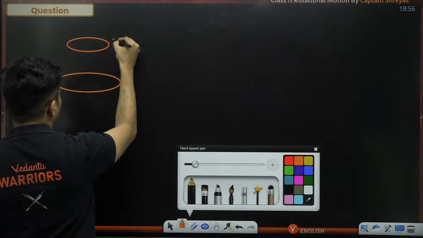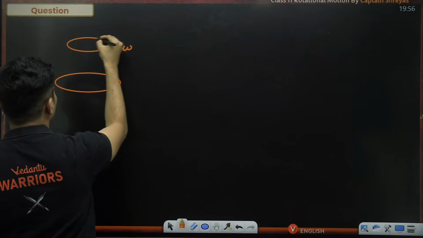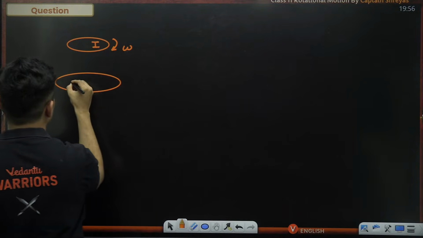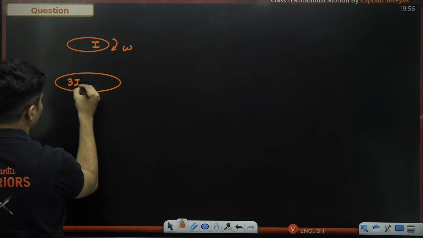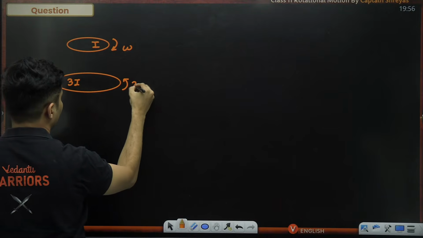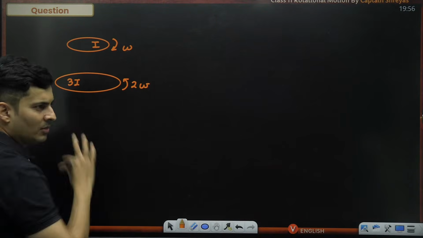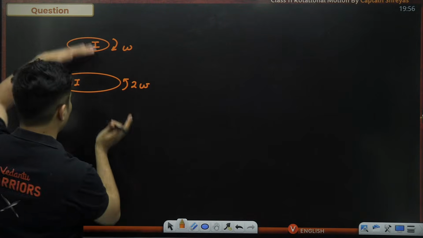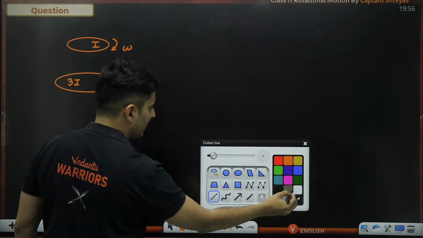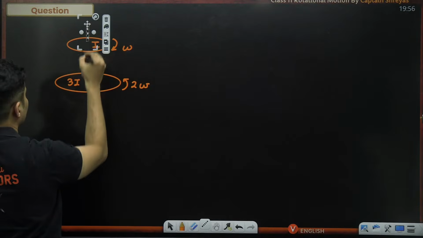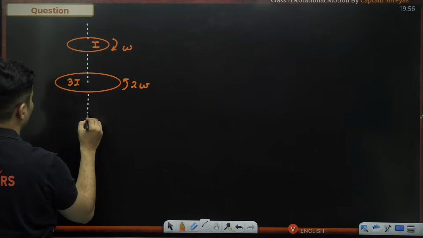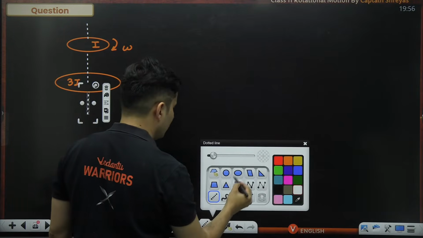This particular disk has angular velocity omega and moment of inertia I. This one has a moment of inertia of 3I, and it is rotating like this with 2 omega. Just a random example. They both touch each other. Right now they are not touching each other. This is the axis. They both now end up touching each other.